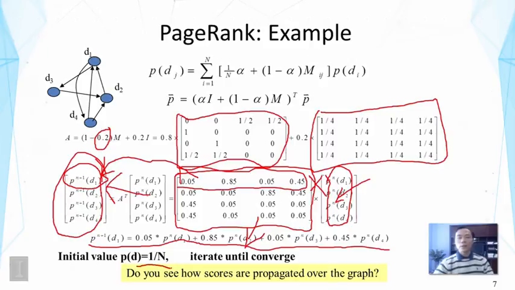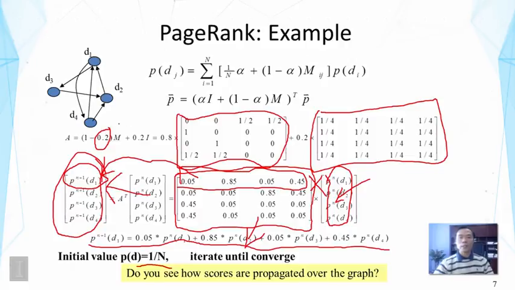Right? So interestingly, this updating formula can also be interpreted as propagating scores over the graph. Right? Can you see why? Well, if you look at this formula and compare it with this graph, can you imagine how we might be able to interpret this as essentially propagating scores over the graph?